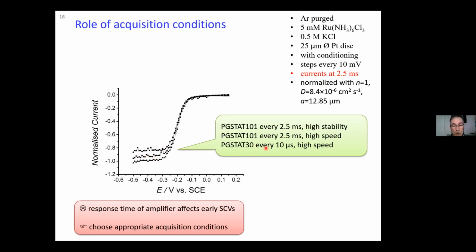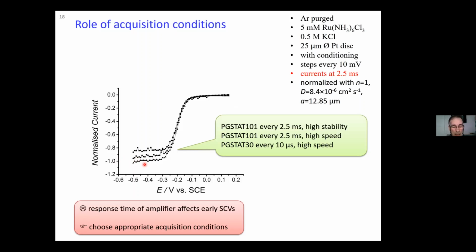And then if we go to a more fancy equipment, the PG-start 30 with a fast acquisition card where we could acquire every 10 microseconds with a high speed mode, then we get the limiting current expected for that particular time. So the normalized current now is equal to 1.